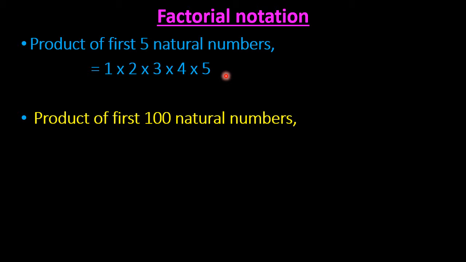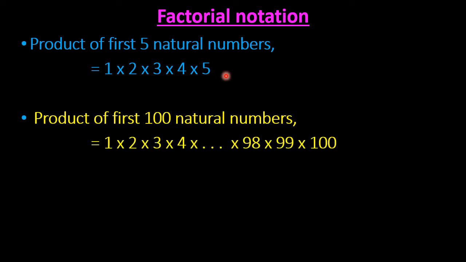So in short form, we write 1 into 2 into 3 into 4 into ... into 98 into 99 into 100. So this still consumes a large space on the copy. Similarly, instead of 100, there may be 200, 500, 2000.